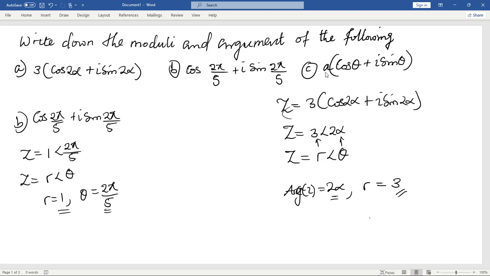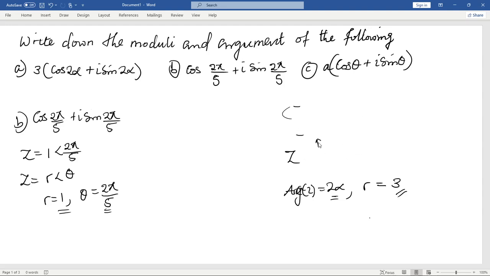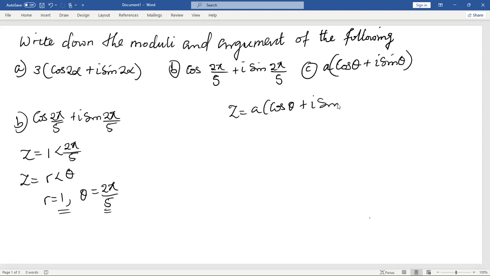Okay, let's look at C. For C we have a complex number z equal to a cos theta plus i sine theta.